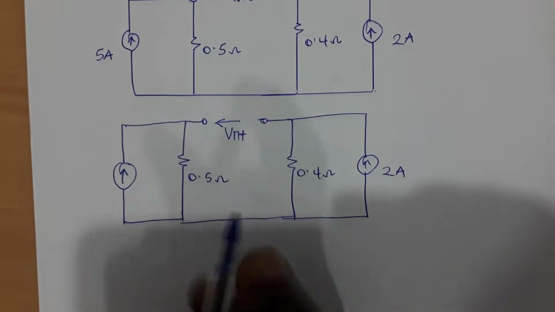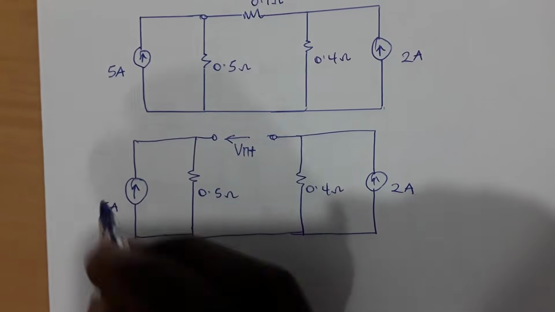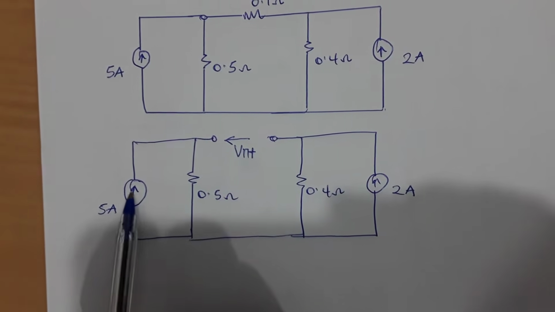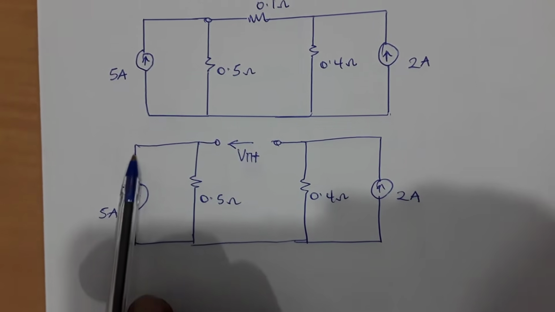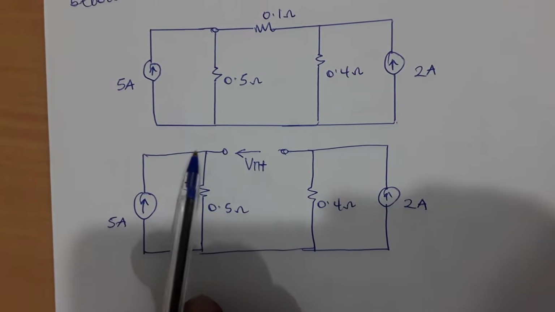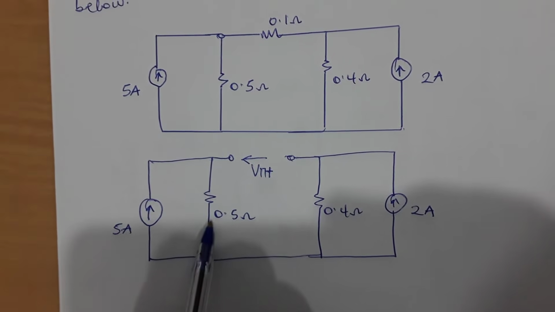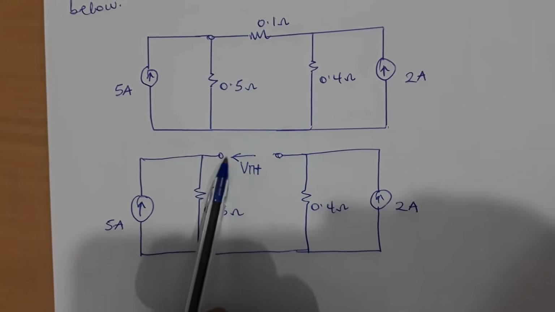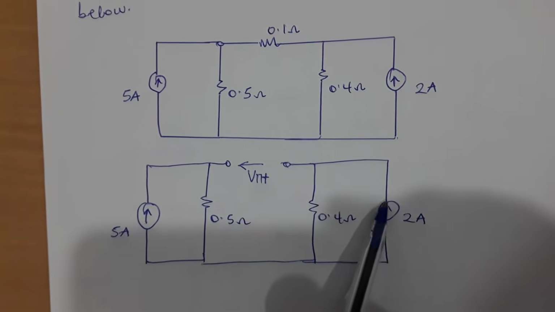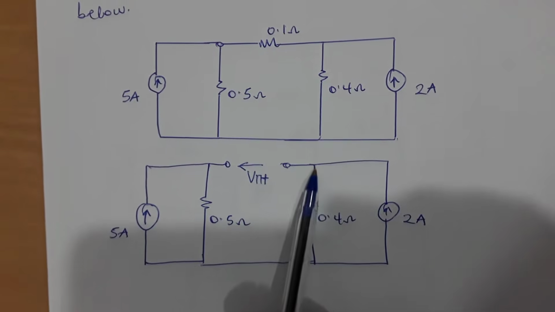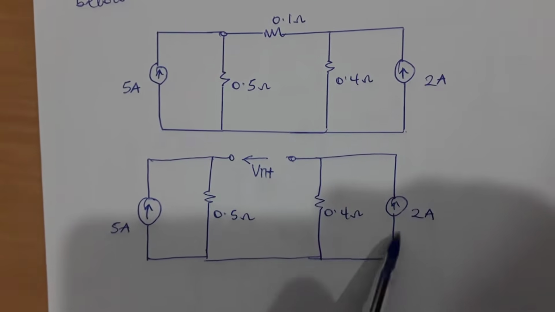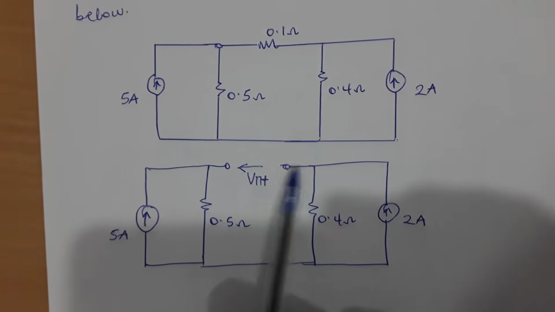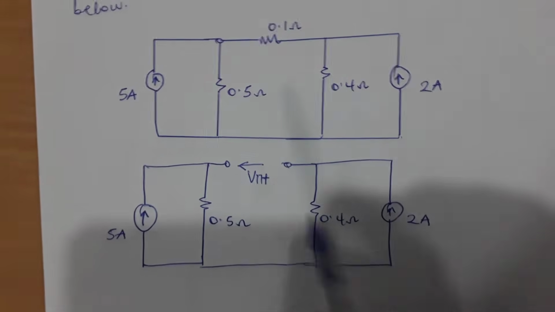So this is 5 amperes here. Good. So let's see. This 5 amperes will flow like this, and will flow back through the 0.5 ohm and come back like this. It won't go here because there's an open circuit here. So this 2 will also flow through the 0.4 ohm and come back like this.